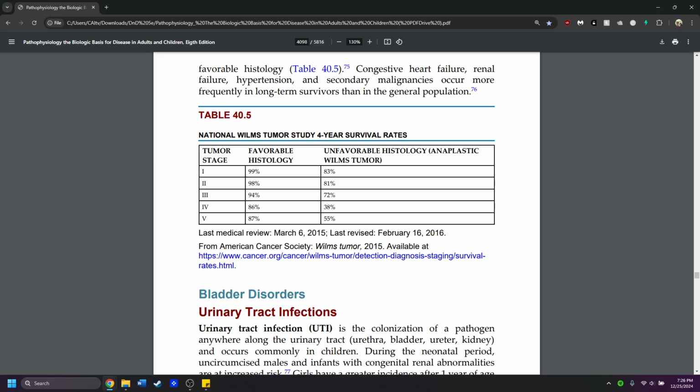However, unfavorable histology, that anaplastic Wilms tumor, is 83% already at stage 1, 81% at stage 2, 72% at stage 3, and in stage 4, 38%, where if you're staging at stage 4, you might as well stage it to stage 5 to see if you have a more favorable outcome at that point.